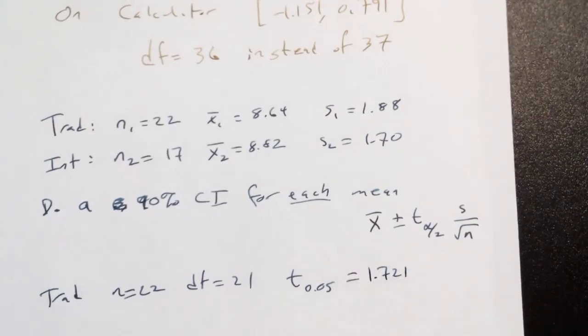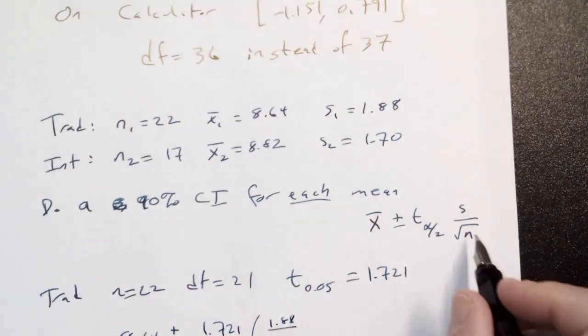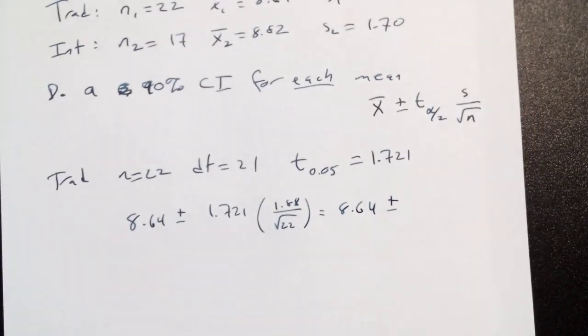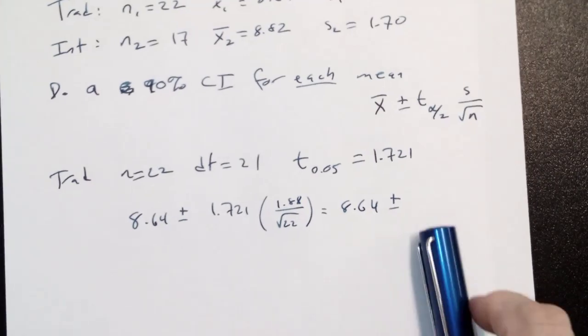Okay, so it's 8.64 plus or minus 1.721. Standard deviation is 1.88 over square root of 22. Somebody give me this number. Whatever's supposed to go here.